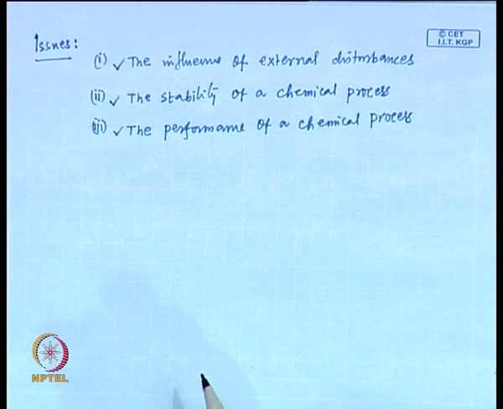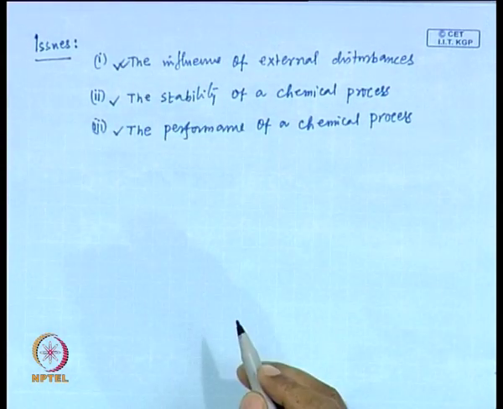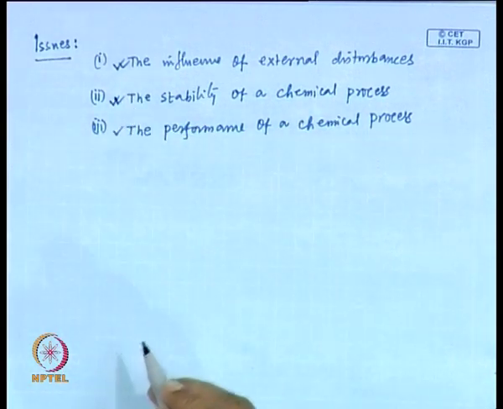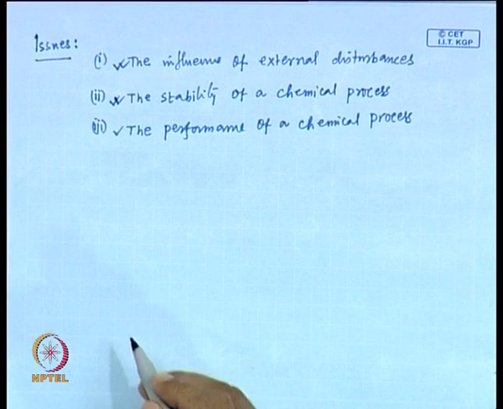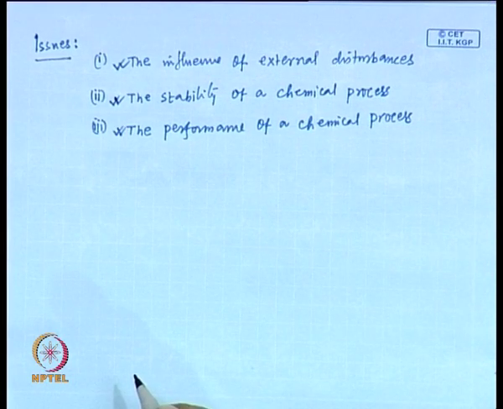So, we need to devise a control system which suppresses the influence of external disturbances, ensures the stability of a chemical process and can optimize the performance of a chemical process. We will discuss all these three issues in brief with the help of control system.